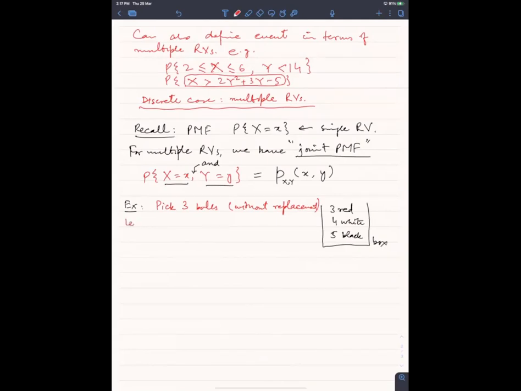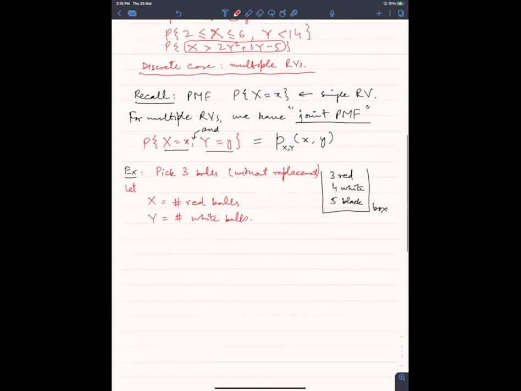So let x is a random variable which defines the number of red balls that you have picked, and y is the number of white balls. So answers in the chat window. What are the possible values x can take?